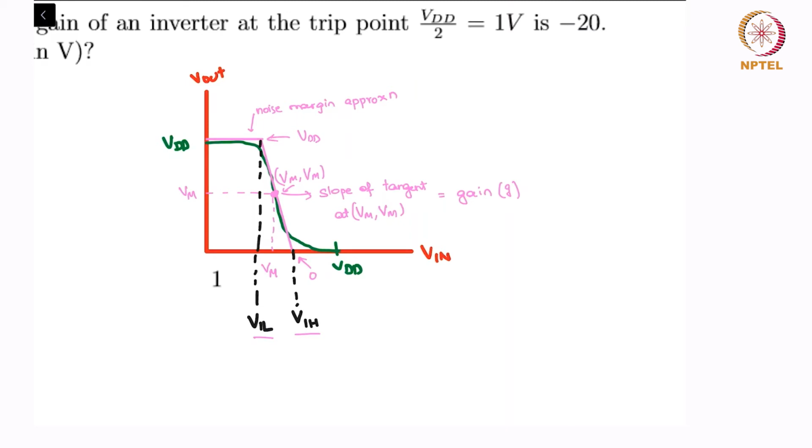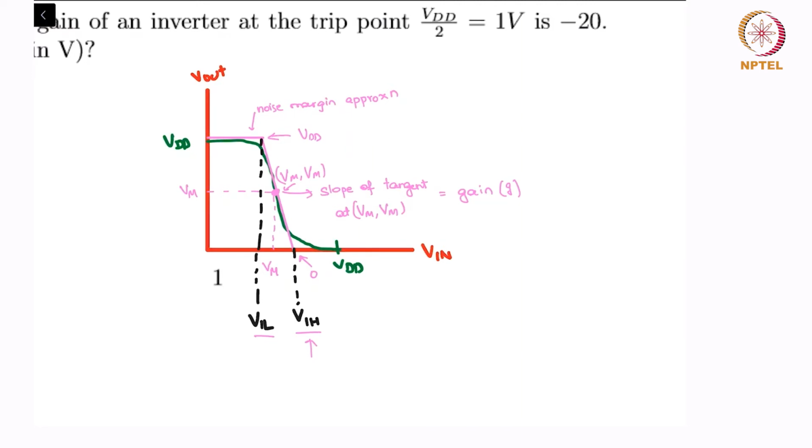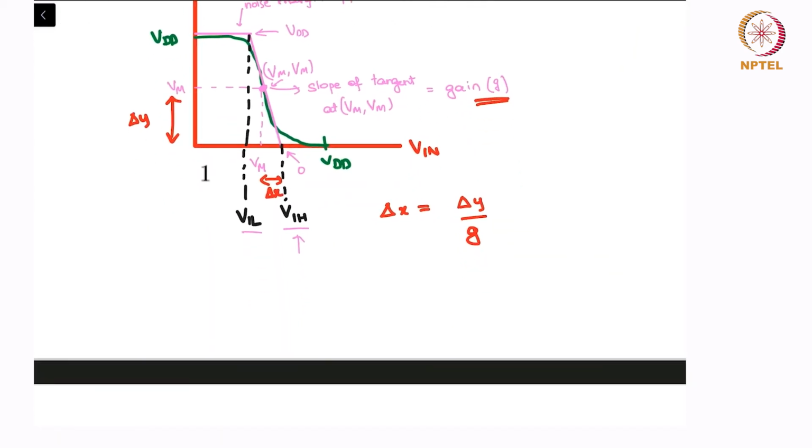So now the idea is that we need to find what VIH is for this problem. Now we know that this is a line. The pink is a line which has a slope of G, right? And if we move delta Y, then we have to move delta X, which is given that delta X is equal to delta Y by G, right?